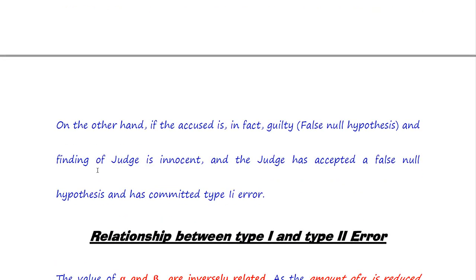On the other hand, if the accused is in fact guilty, meaning a false null hypothesis, and the finding of the judge is innocent, the judge has accepted the false null hypothesis and has committed type second error.